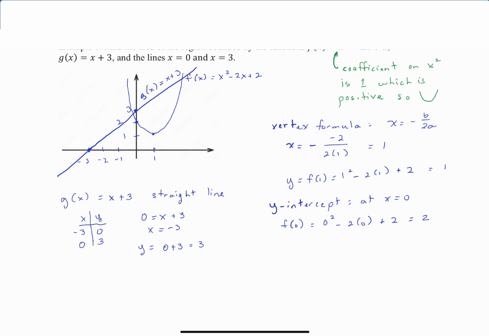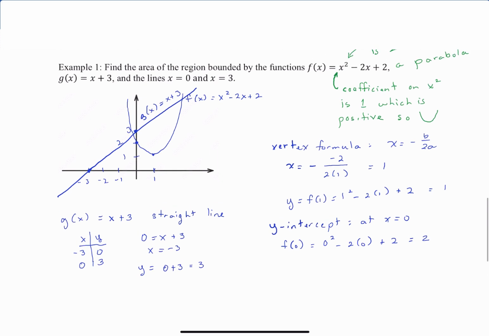Now we're told we want the region between x equals 0 and x equals 3. Three will be somewhere there, and so what we want is this area.